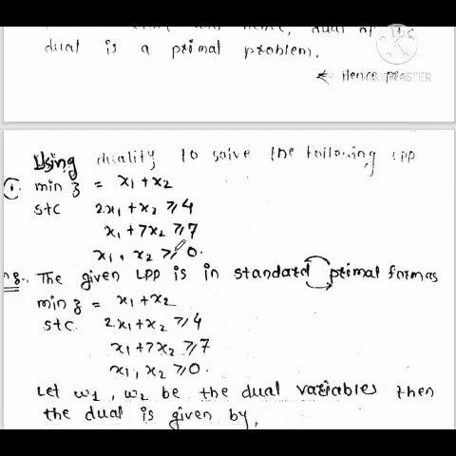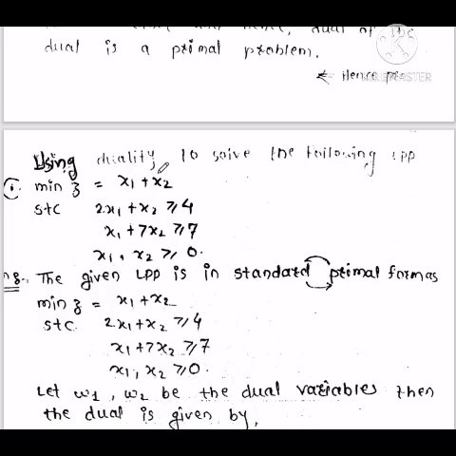Now we will see the first problem: using duality to solve the following LPP. The given problem is minimum z equal to x1 plus x2 subject to constraints 2x1 plus x2 greater than or equal to 4, x1 plus 7x2 greater than or equal to 7, x1 and x2 greater than or equal to 0.